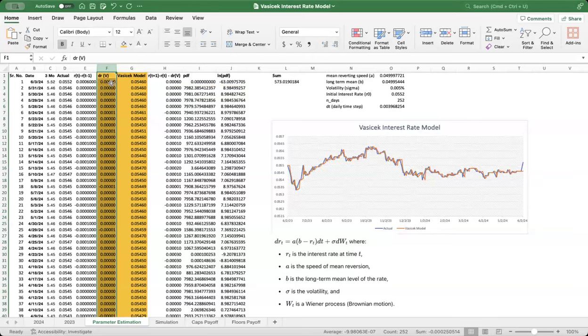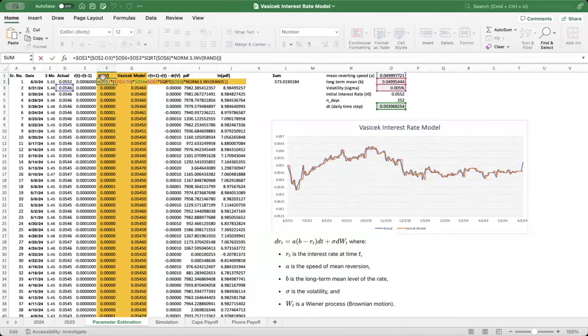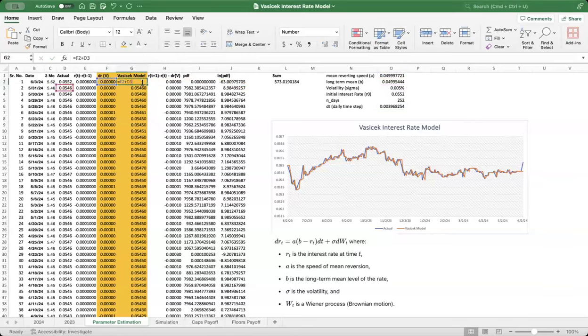This equation gives the change in the interest rate. To find the interest rate, we just use this change in interest rate from the model plus yesterday's interest rate. This will give us today's interest rate.